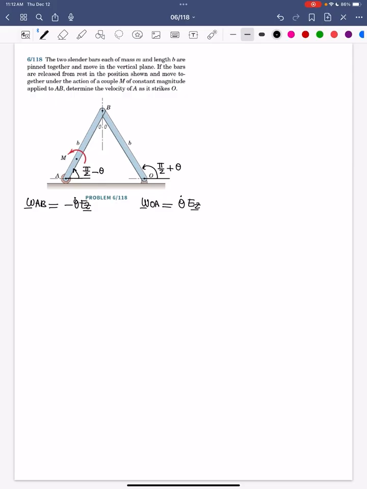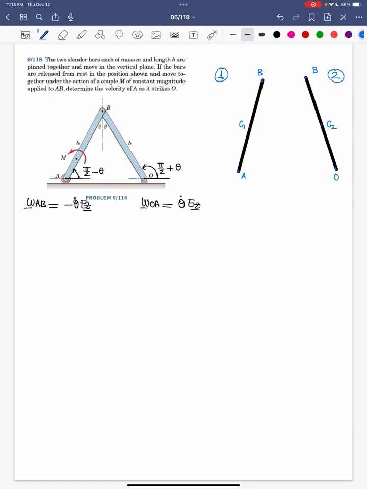So now if I'm looking at each bar on its own, let me draw the free body diagram of each bar. So this is one bar, and this is another bar. We have the points A, B, B again, and O. I'll need to apply the weights at the centers of mass, so maybe I'll call these C1, C2, for bar 1 and bar 2.